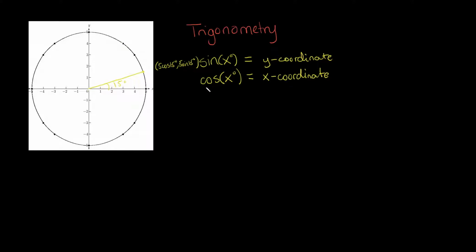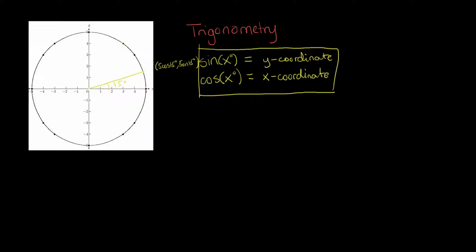So in this video, I want to explore some interesting facts that arise with the sine and cosine functions as answering the question of the x and y coordinates of the unit circle.